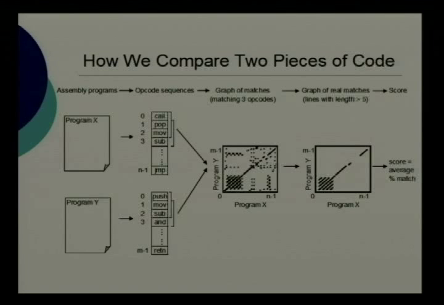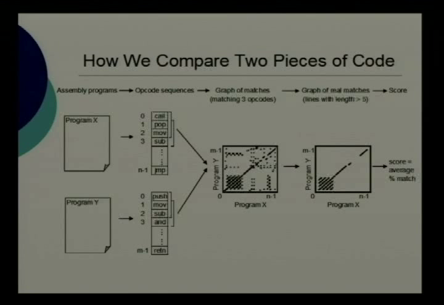Since there may be random matches and noise, we keep in the graph only matches that consist of 5 points or more. 5 is our cutoff. We call those lines that have 5 points or more real match lines. So we get a second graph that consists of all the real matches.